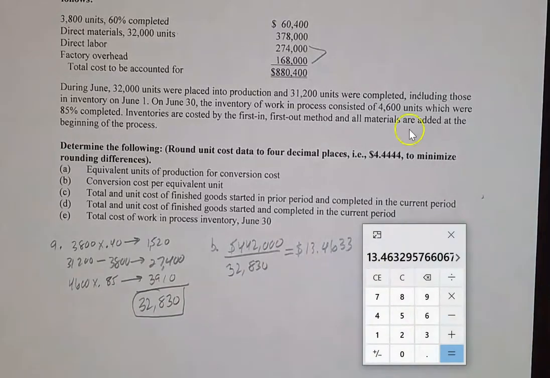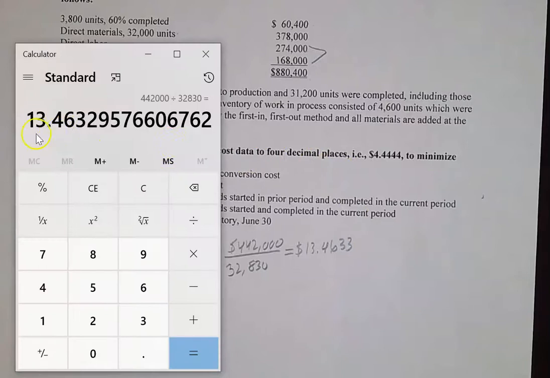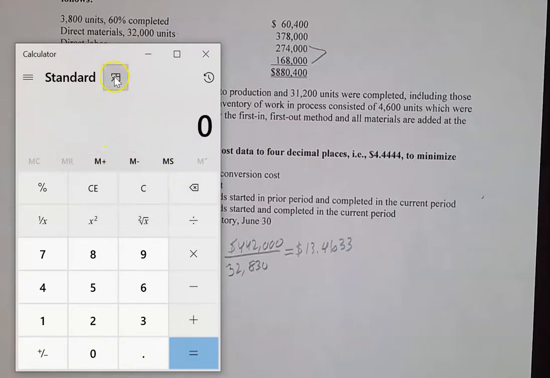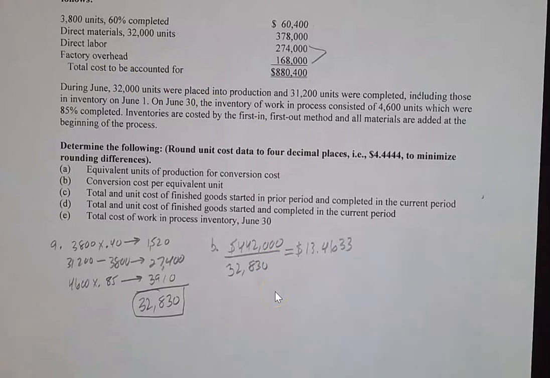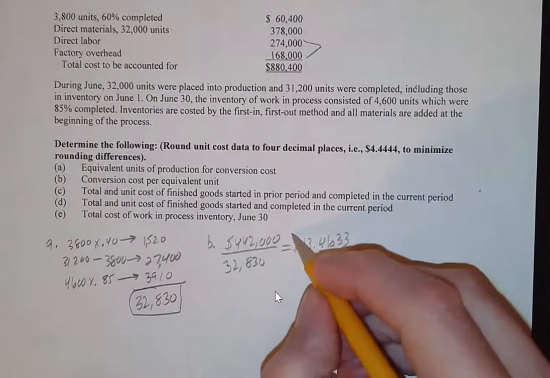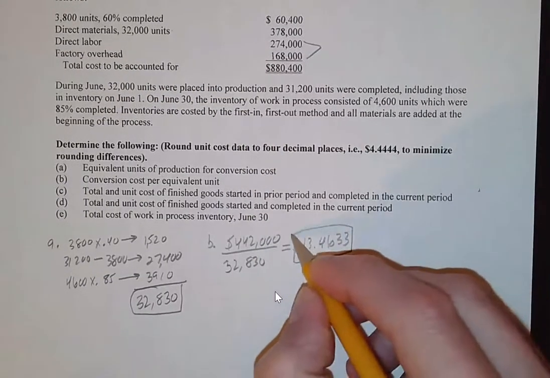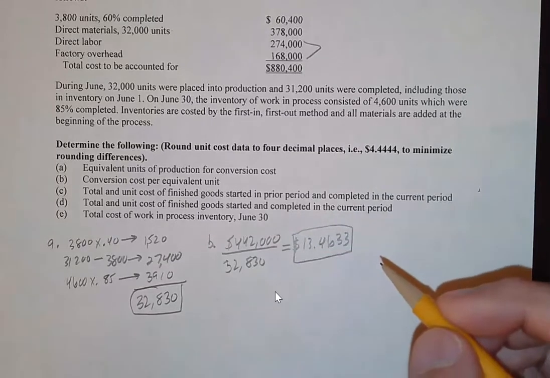Remember, they want us to round to 4 decimal places here, so you can see it a little bit better. 13.4633. And this is our answer for part B. What do they want on part C?